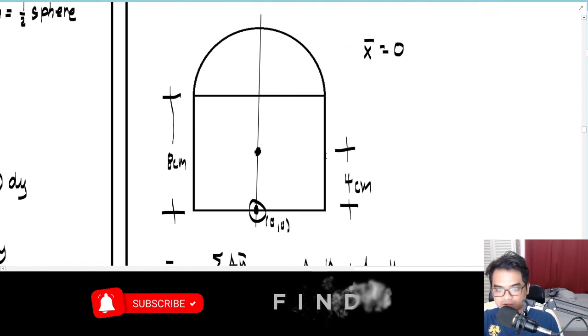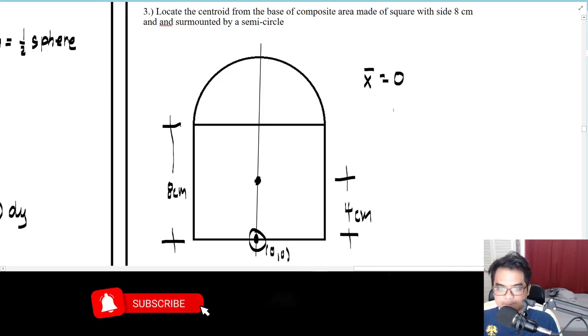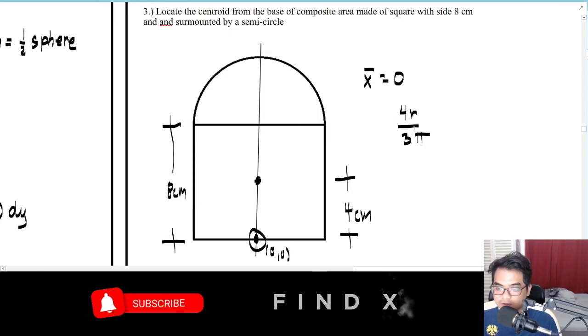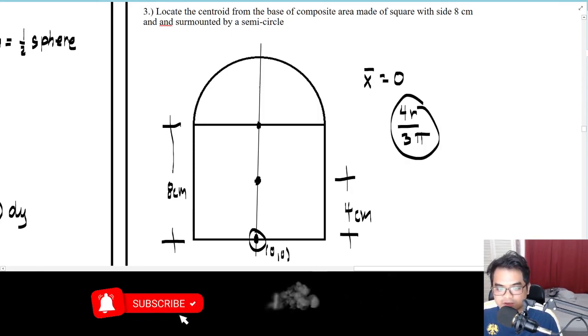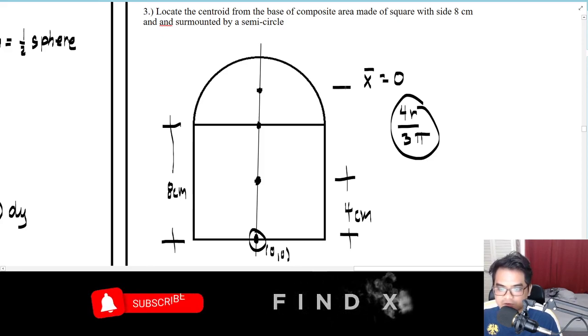The centroid of a semicircle is 4r over 3 pi, right? This distance is from here to the center of the semicircle.